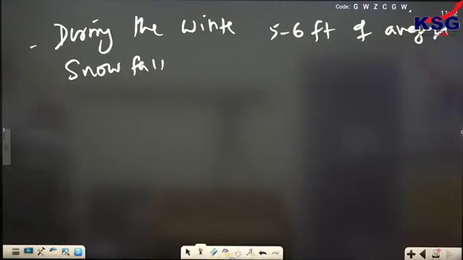Bitter cold condition. This is a very important factor here. In fact, severe cold winter, we have very low temperature, and summer is cool.